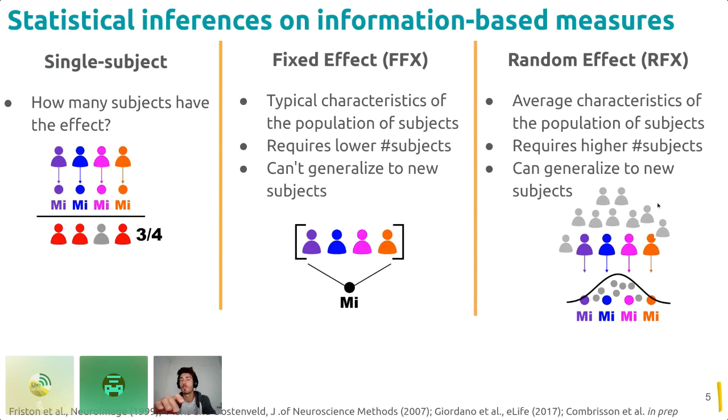And if you compute the MI on this broader population, it should fall inside your model. So that's why you can generalize to new subjects. However, one drawback is that to build this model, it usually requires a higher number of subjects.